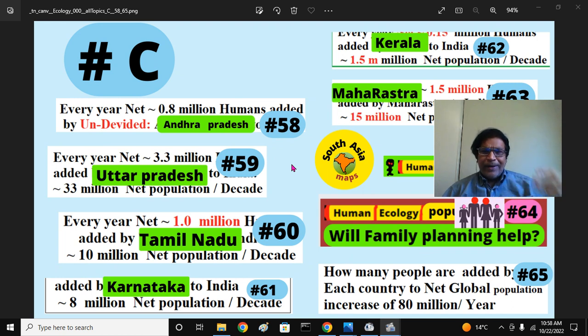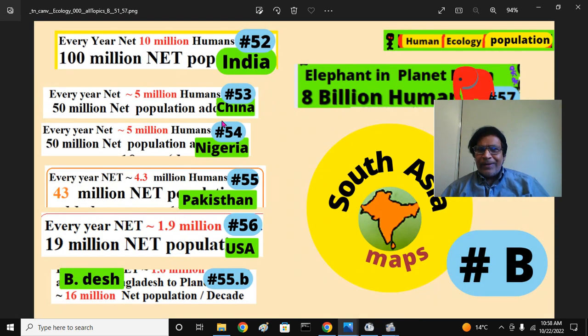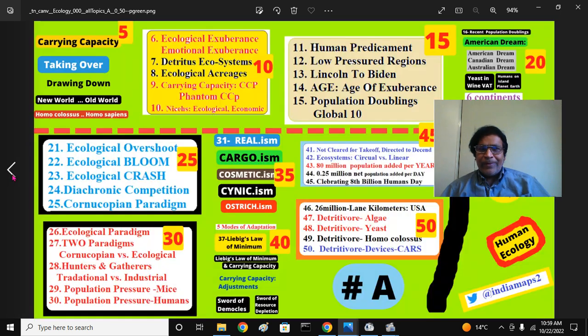Every year India contributes around 10 or 12 out of 80 million to the planet Earth population. Some of the provinces we discussed, UP contributes 3.3, and out of 80 million net population added, India contributes 10, China 5, Nigeria 5, and so on. We discussed that population.